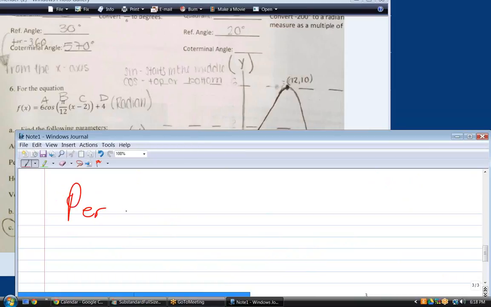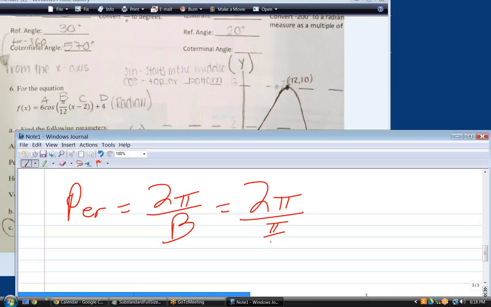Well, the period is always 2 pi over b. Okay. So what is b? b is pi over 12. So 2 pi divided by pi over 12. Flip and multiply. What do you get? Okay, so flip it.